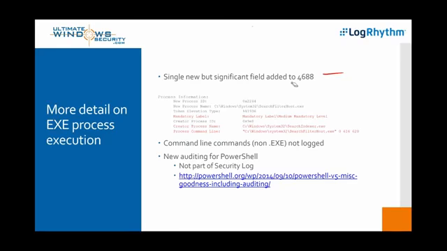Now we get, and this is a lame example that I pasted in here because it's just search filter host, but what the story is telling us is that searchindexer.exe started searchfilter.exe.